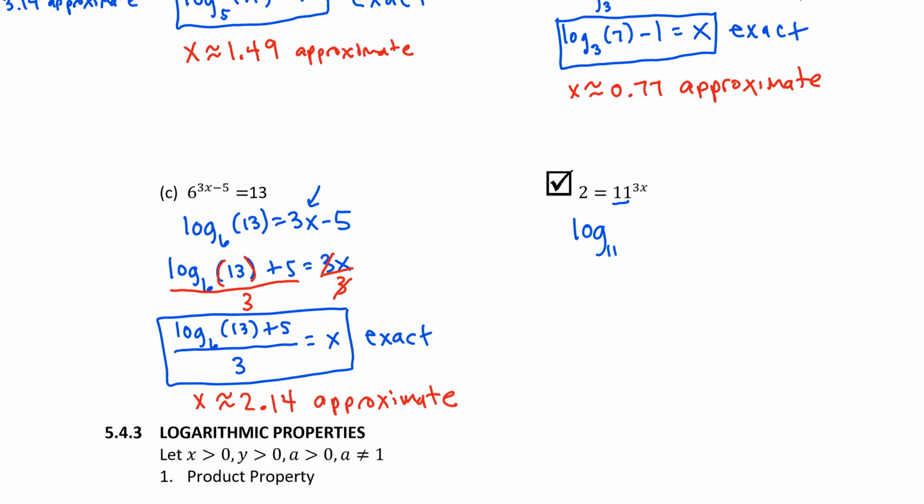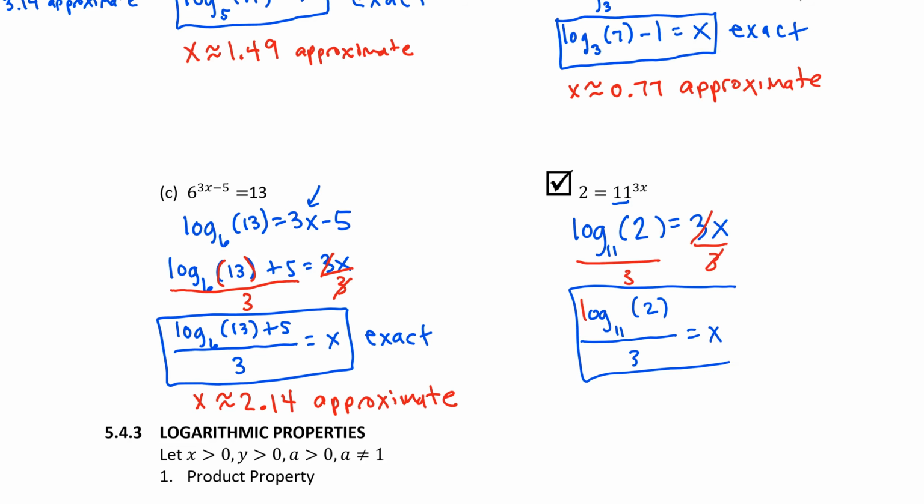The base of the logarithm is the base of my exponential expression. 2 is the result of that exponential evaluation, and remember, the exponent is always isolated when we find a logarithm. To solve for x now, we just need to divide both sides by 3. And so our exact solution is log base 11 of 2 divided by 3.